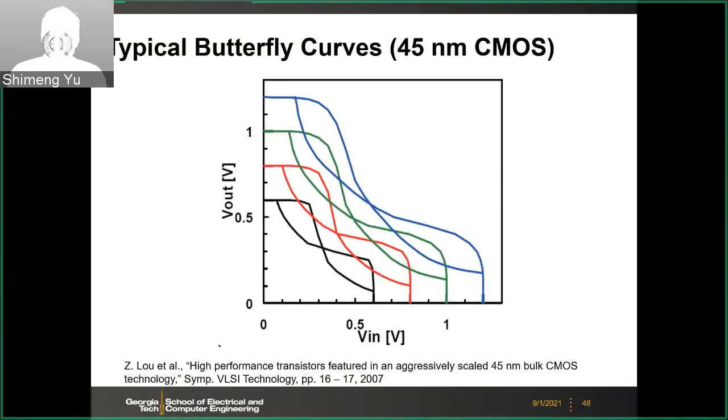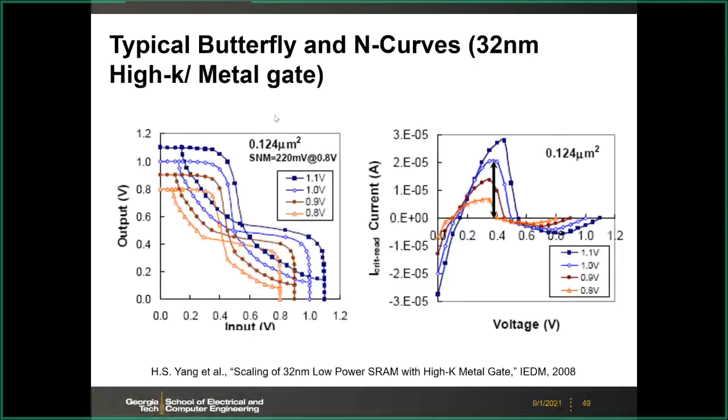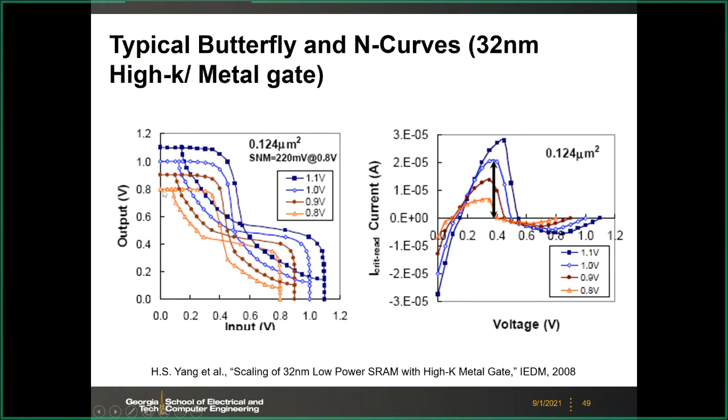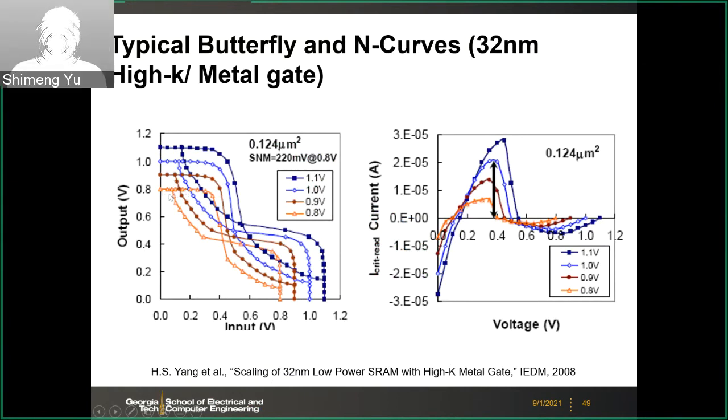And then this is 45 nanometer, and you can have the butterfly curve like this. And of course, you can change the VDD. And then this is 32 nanometer, and this is already high-k metal gate. This is a paper from IEDM 2008. If the voltage is 0.8 volt, the noise margin is about 200 millivolts.